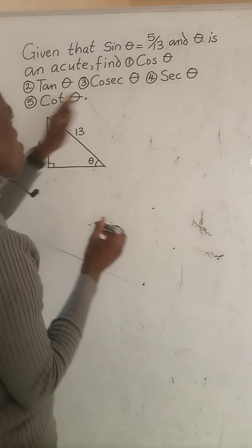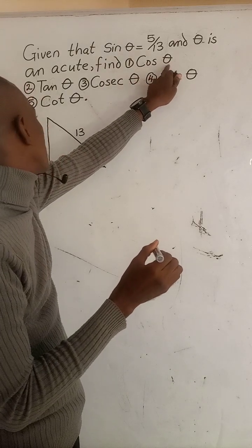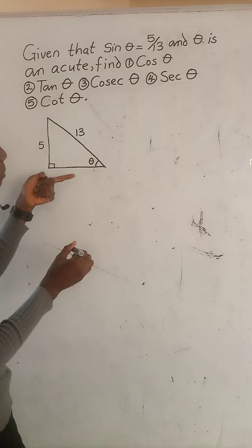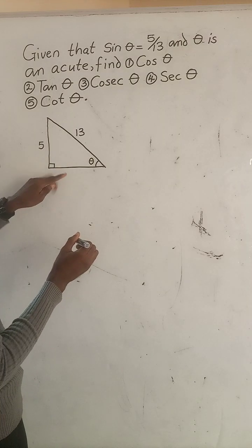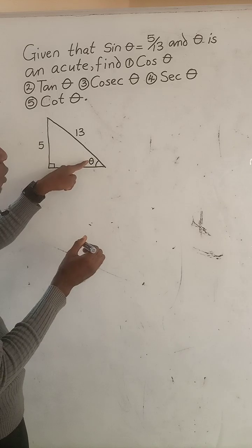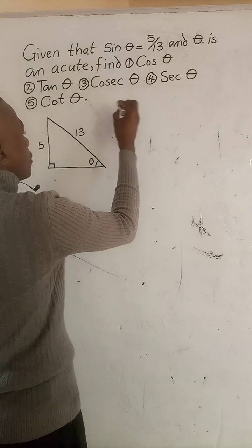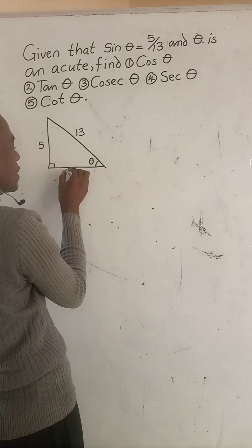Now, for us to find the value of the cosine of the angle, first of all, we will apply Pythagoras theorem to obtain the adjacent of this angle that we have here. Let's just assume that this point is n.